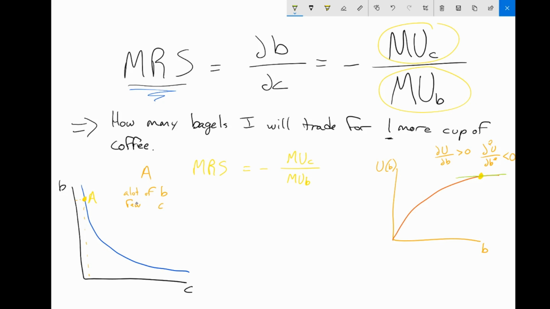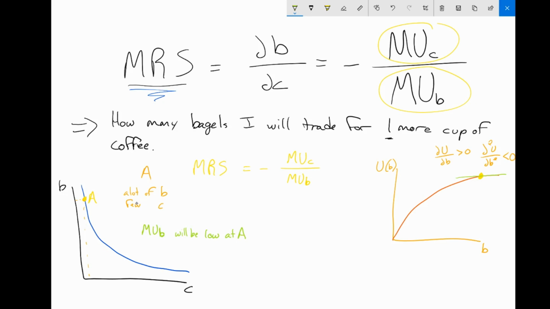That means at A, the marginal utility of B is going to be low. So the marginal utility of bagels will be low at A because they already have a lot of bagels. So the marginal utility of bagels will be very low at point A.